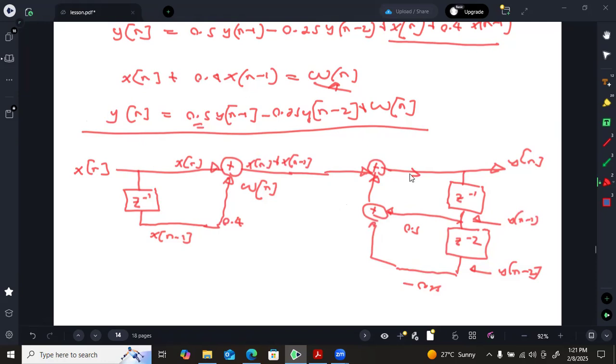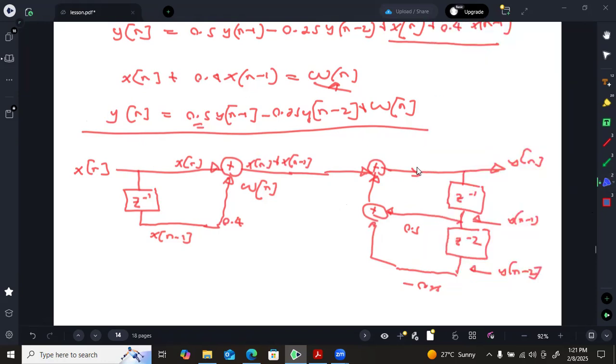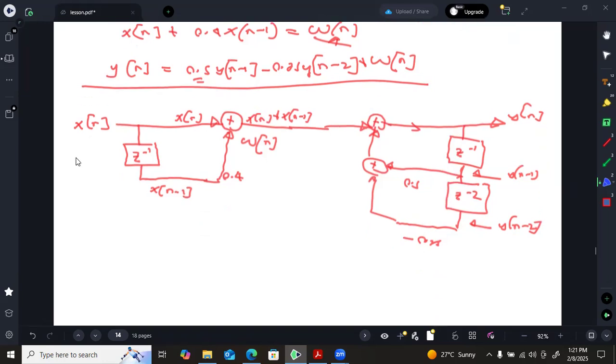So you can assess how economical this implementation is by counting the number of delays used in the circuit. The delays which have been used in the circuit: this one here is 1, 2, 3. 3 delays. How many multiplications do you need? 1, 1.